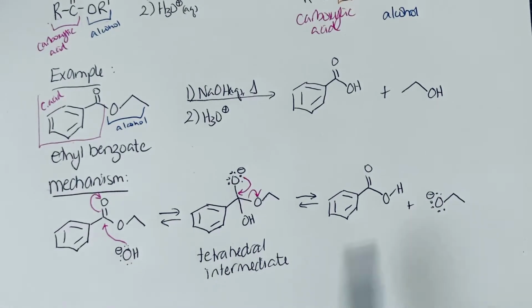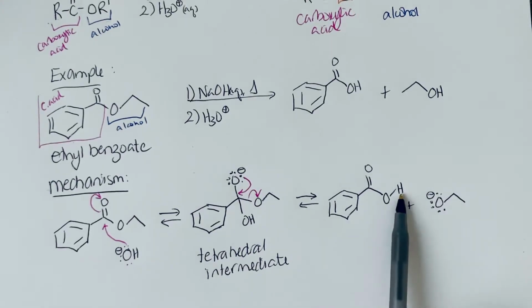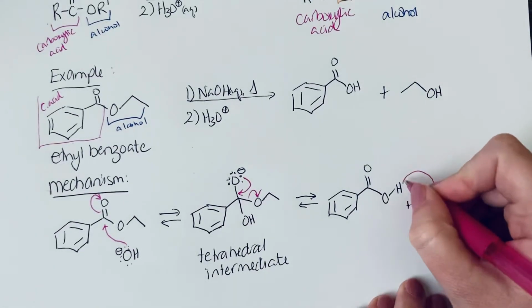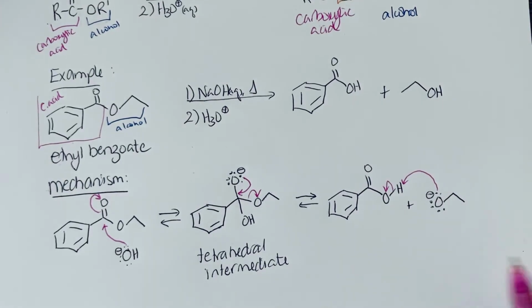So either hydroxide or this ethoxide, whichever one gets there first, is going to immediately remove that acidic proton. And you cannot stop this reaction from happening. This is just acid-base equilibria. And I say equilibria, but really there's such a difference in pKa values that this is going to go forward.